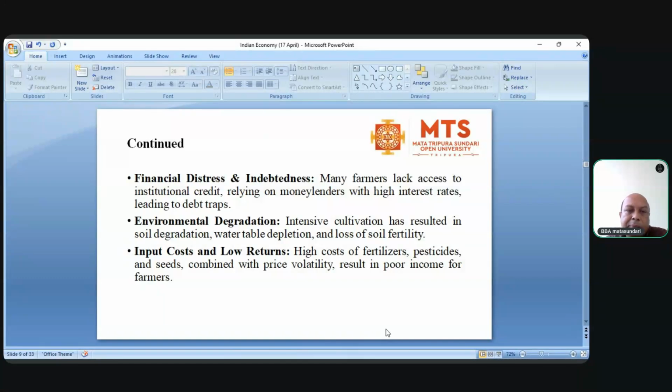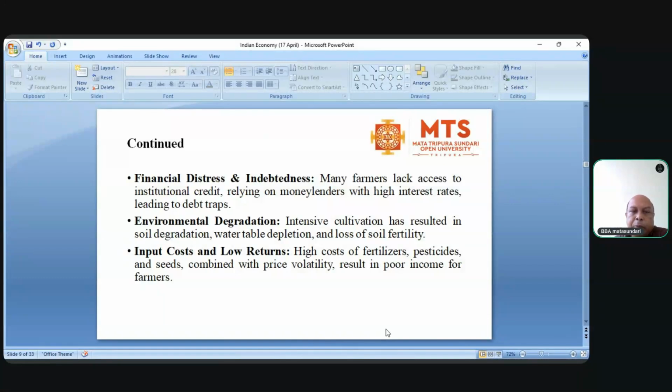Many times they depend on moneylenders for collecting funds for cultivation purposes, and moneylenders always charge a very high rate of interest. And many times the farmers fall into a debt trap. So it is a big challenge for farmers in India to collect funds or money for running agricultural activity.